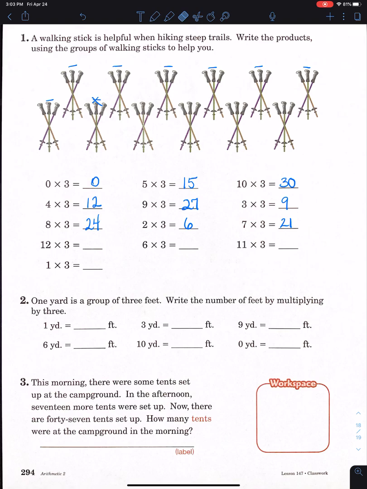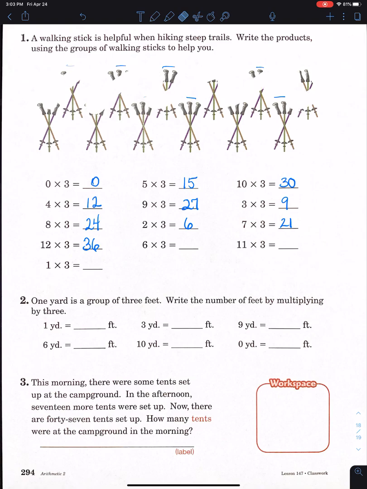Let's erase the marks. And we're doing 12 times 3 now. 3, 6, 9, 12, 15, 18, 21, 24, 27, 30, 33, 36. 12 times 3 is 36.